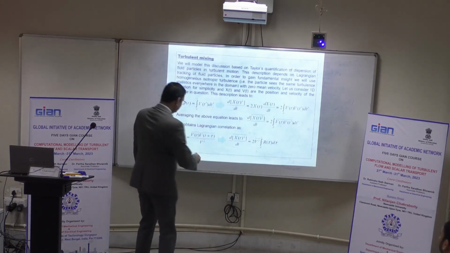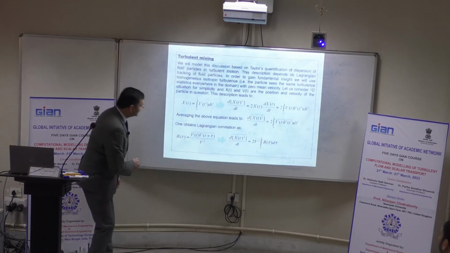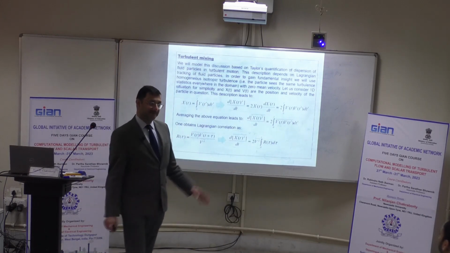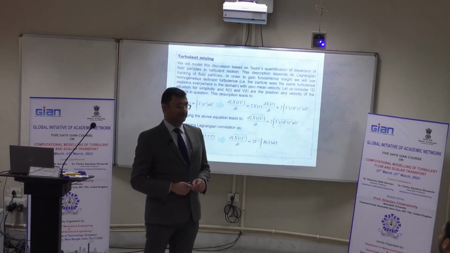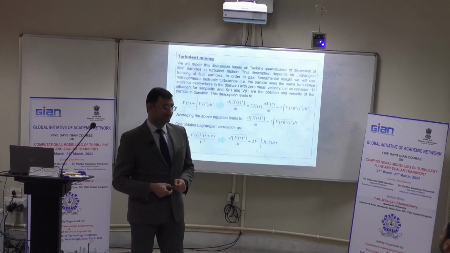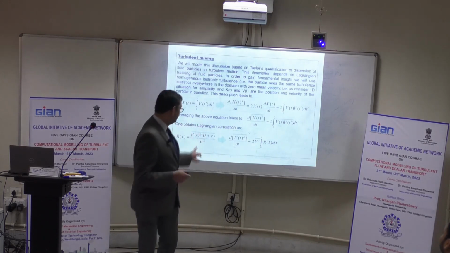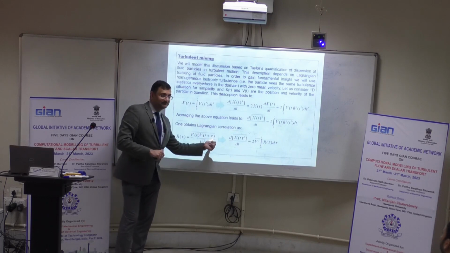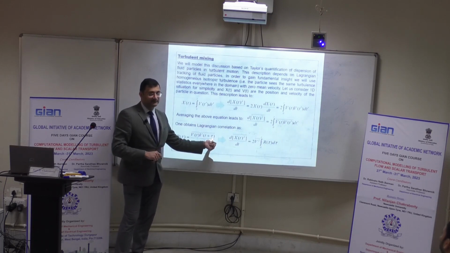This is, in the Lagrangian sense, a correlation function. You have seen similar things, but in a spatial sense, when I was talking about the definition of integral length scale. But this time the difference is, previously it was spatially separated, now I'm talking about temporally separated. Clear?